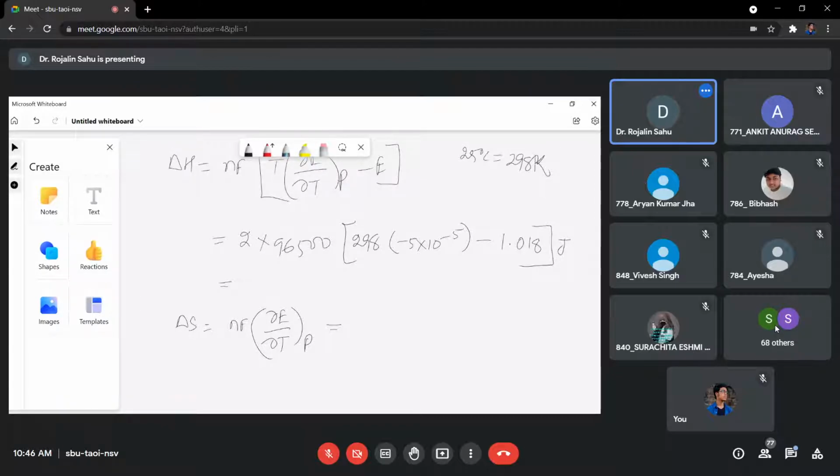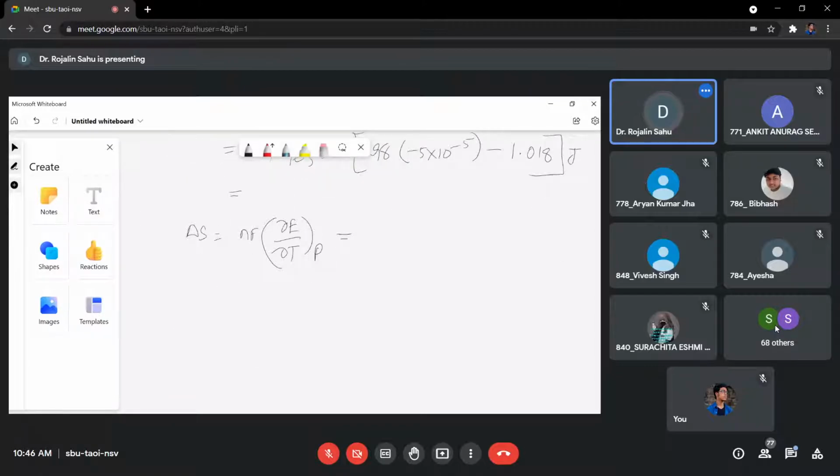So next, application number 3. So it is to find enthalpy change at constant pressure.